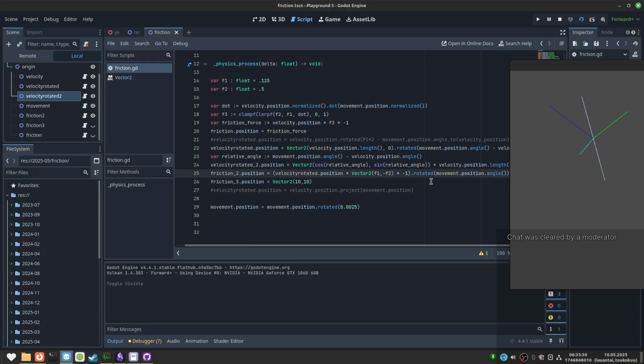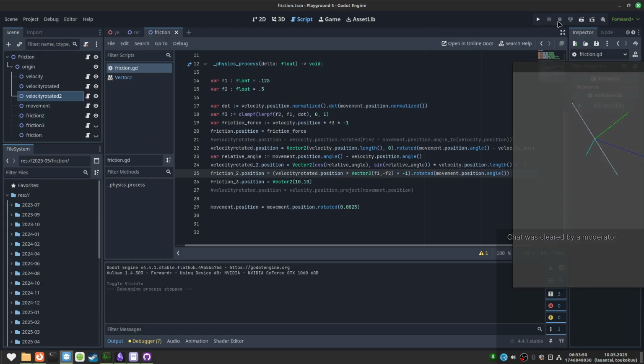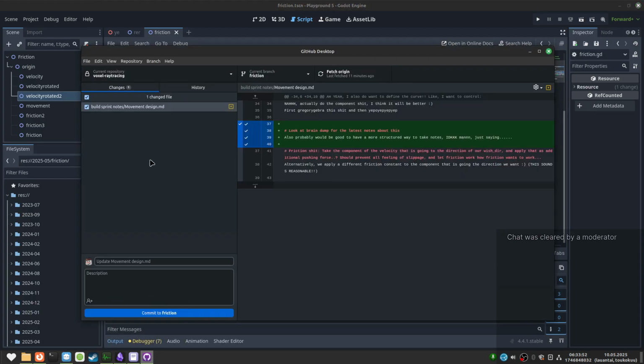And what I thought about doing was committing the current state, and then I just didn't do it. Hello? And I think this is correct. Anyway, let's commit the current state.